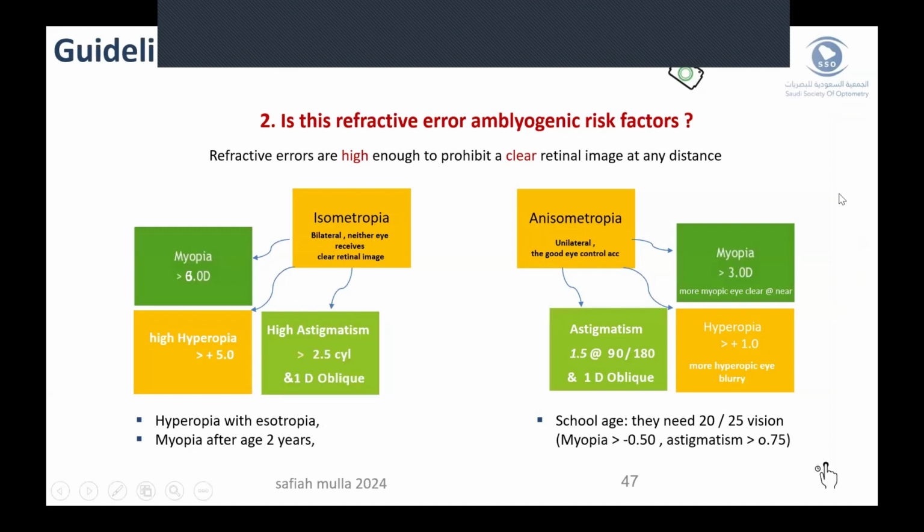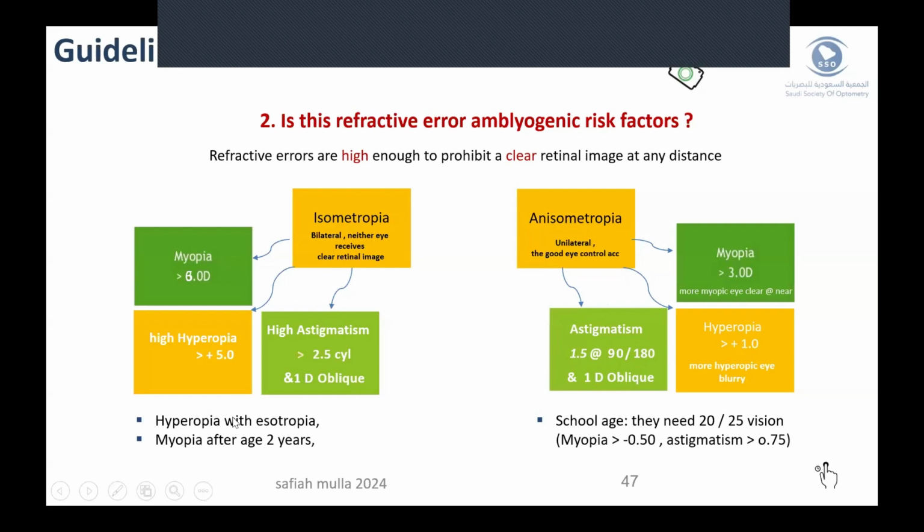If they have anisometropia, where one eye is different from the other eye, the refraction is different in both eyes, then the number to be corrected will be less. If they are myopic more than 3 diopters, then you need to correct them. Hyperopia more than +1, you need to correct if they have anisometropia. And if they have astigmatism of 1.5 diopters with the rule, or if they have oblique of 1 diopter, they need to be corrected.